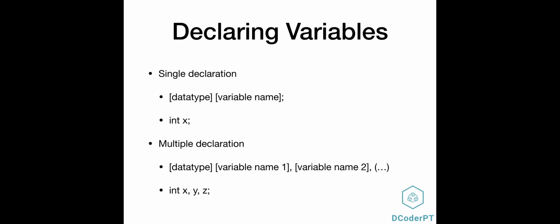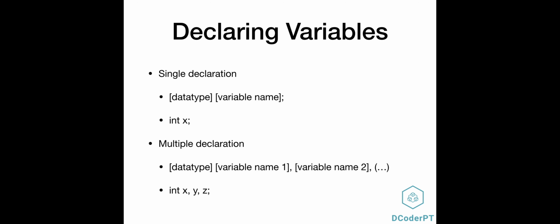Okay, we can also declare more than one variable that are of the same type. This is only possible if they have the same data type. So in this case, we would type the data type and the variable name for the first variable, then a comma, then the name of the second variable, a comma, the name of the third one, etc., and followed by a semicolon.